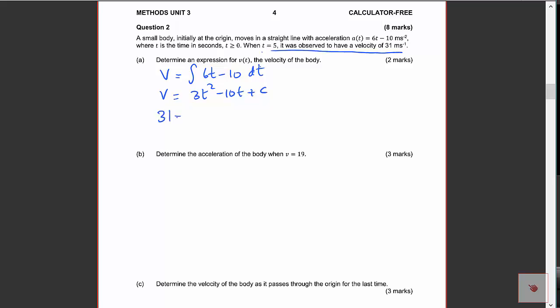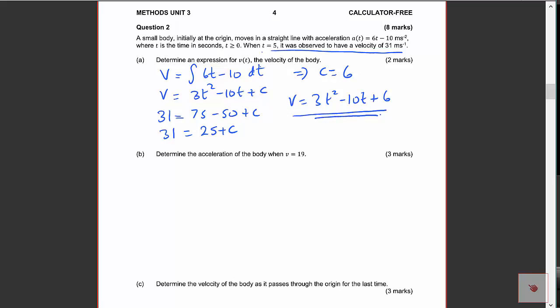So v is 31, t is 5, so 3 times 25 is 75, 10 times 5 is 50, so 31 equals 25 plus c, and that tells us that c is equal to 6, and therefore v is 3t squared minus 10t plus 6.